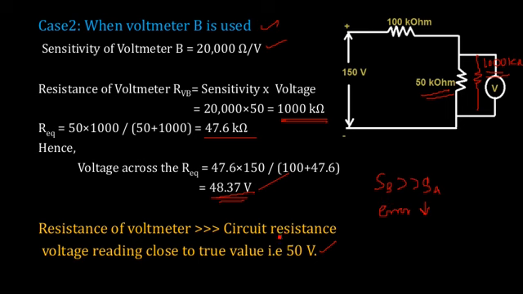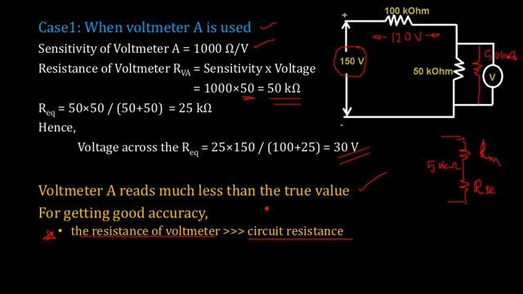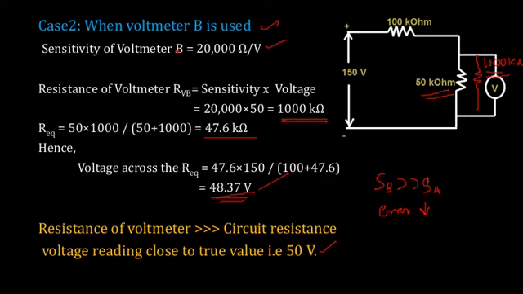Now the particular effect of loading is seen here. Here your instrument acts as a load and you are getting a very low value as the measured value. But here, once the sensitivity increases, your measured value is closer to the true value. So what you need to understand is that loading effects can be minimized by using voltmeters of higher sensitivity, or higher ohms per volt.